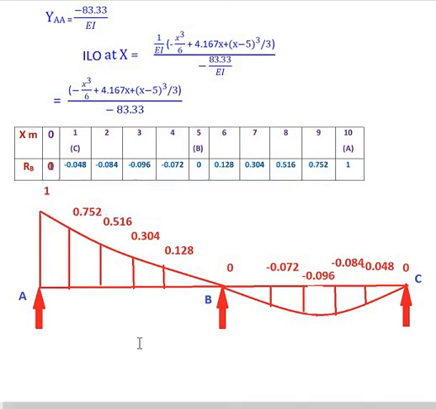Sometimes we will get confused at this point. You should be very clear that the starting point of the x is at C. So this is the 0, and then the next points are 1, 2, 3, 4, 5, and at the support A the value of x is 10.